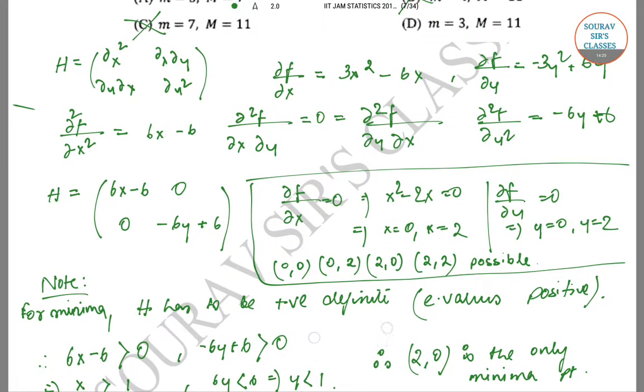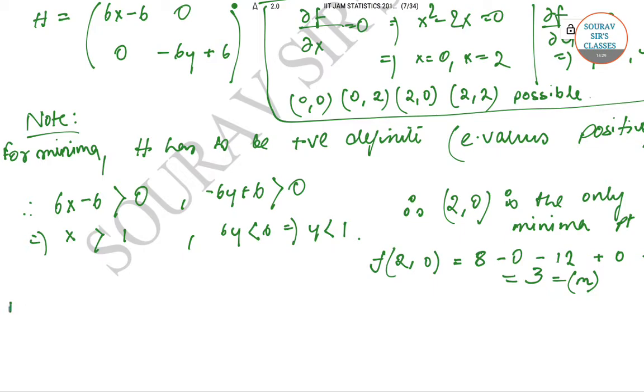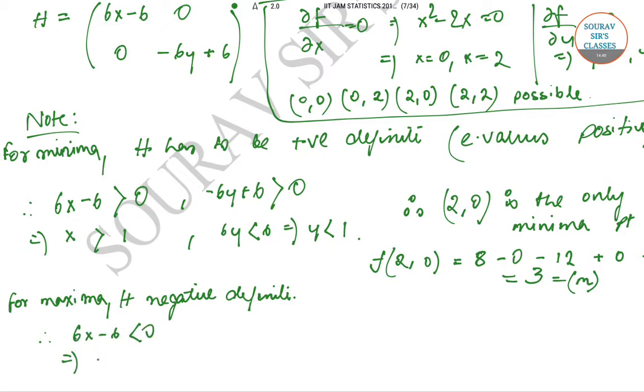Let us find out the maxima now. For maxima, H has to be negative definite. Therefore 6x minus 6 has to be less than 0, which implies x is less than 1, and minus 6y plus 6 has to be less than 0, which implies y is greater than 1.